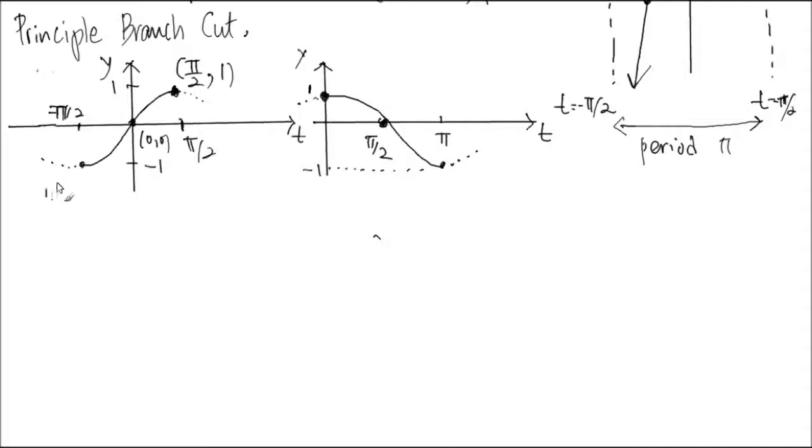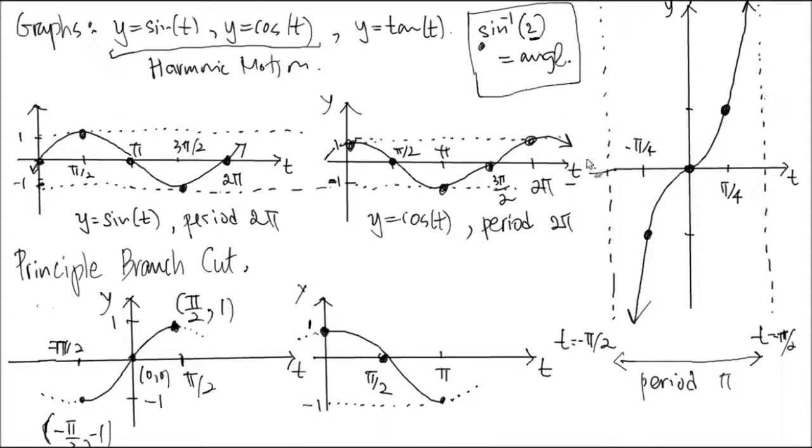And this one in here, negative pi over 2, comma negative 1, right? So since this itself is a branch cut, and you have sketched the cosine principal branch cut, go in and write down all the coordinates along these 3 reference points. And there are another 3 reference points for tangent as well. And go and do that.